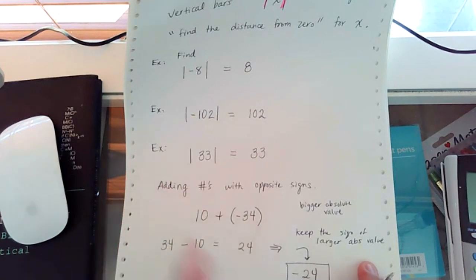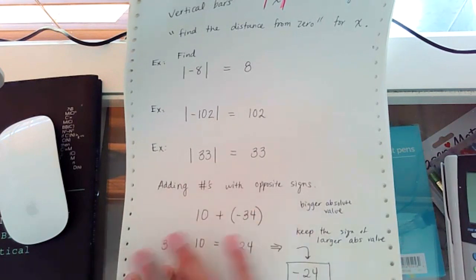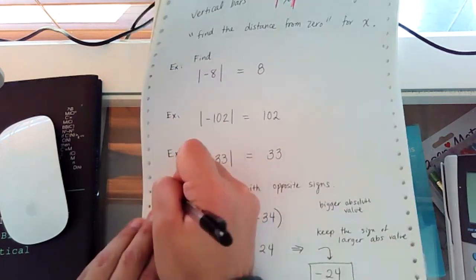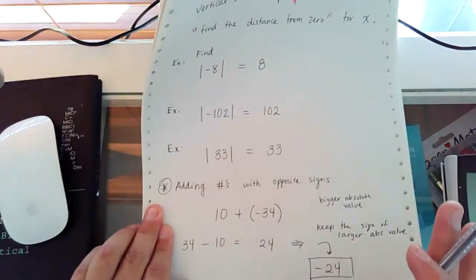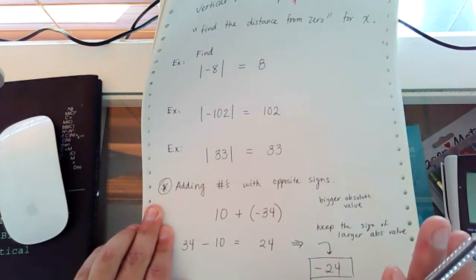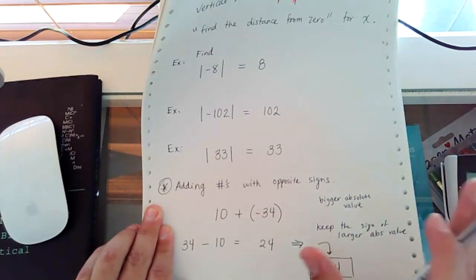In my head, I do it quickly. I say, which one's bigger? I'm going to keep that sign. But that only applies to adding numbers with opposite signs. You don't want to overgeneralize that. You don't want to generalize it to multiplication and division, for instance.